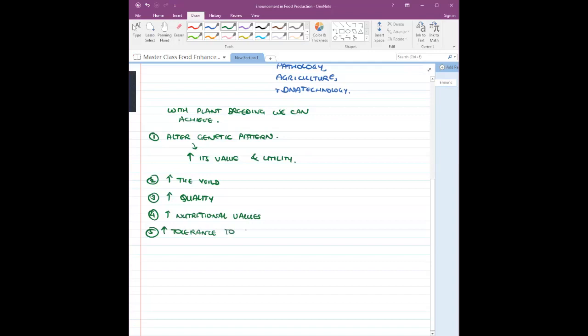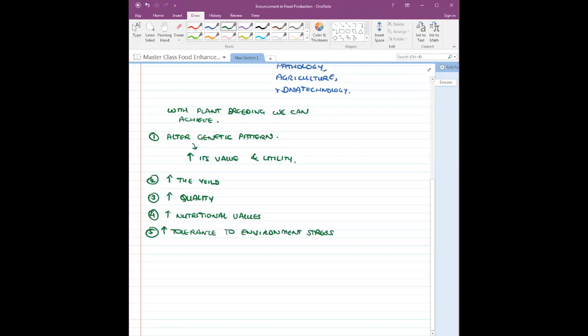For example, when I talk about environmental stress, what can this be? If you are having extremely high temperatures, extremely high salinity, extreme dryness, for all these things, plants are going to be made more tolerant.